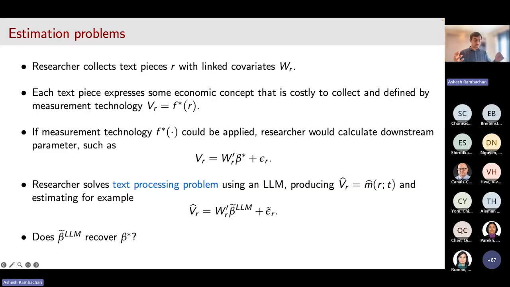And what the researcher would like to do is extract some concepts from the text and run regressions of that concept against these structured variables of interest or vice versa. Thinking about this baseline setting is going to clarify what are the problems that will arise when we plug in large language model outputs, and then we can come back and think about more complex settings later on.